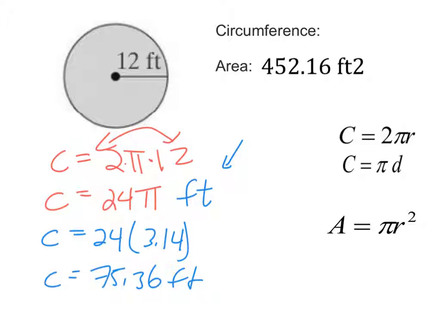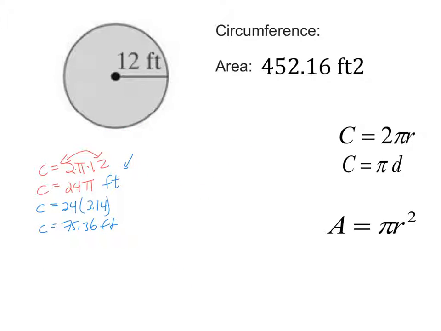So, now then, finding the area. Area is another formula that we talked about, pi r squared. So area of a circle is pi r squared, and so pi, we'll leave it as pi. Radius, we already know is 12, so 12, we're only squaring the 12, not the pi.